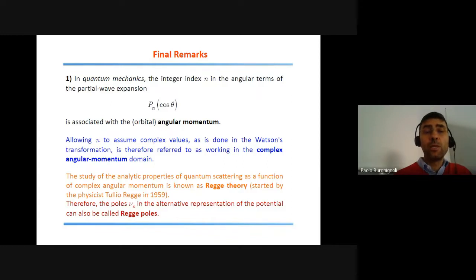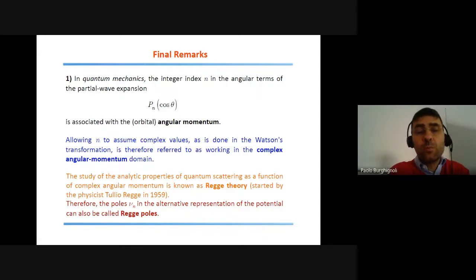And actually, it was an Italian physicist, Tullio Regge, who was the first at the end of the 50s to introduce the study of the analytic properties of quantum scattering as a function of this complex angular momentum. And this was the birth of a whole theory, the so-called Regge theory, that was developed in subsequent decades and was particularly in vogue in the 60s.